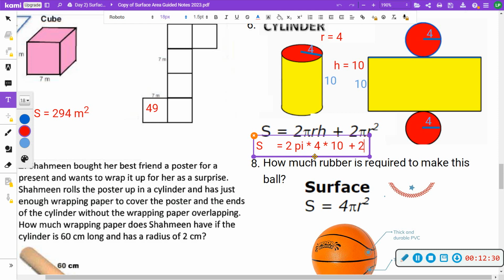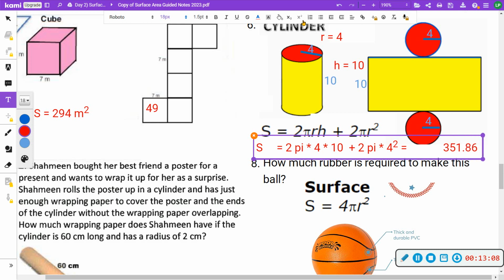I'm going to add on 2 times pi times my radius, 4, and I raise that to the second power. I do all that math, and I will get, let's see, 2 pi, there's a pi button on your calculator, times 4 times 10 plus 2 times pi times 4 squared. And that's approximately 351.86.